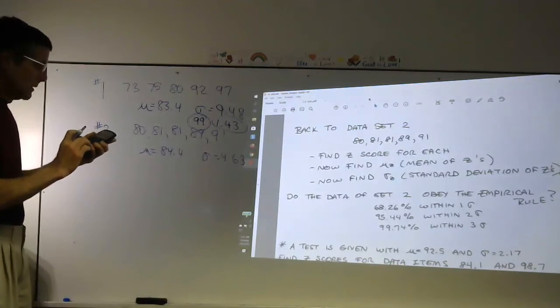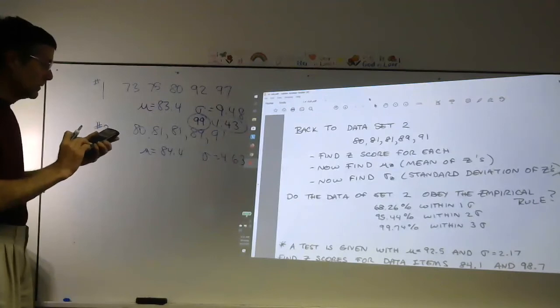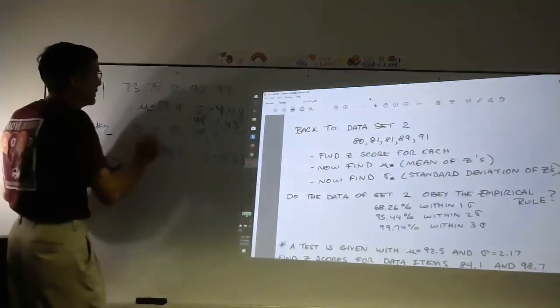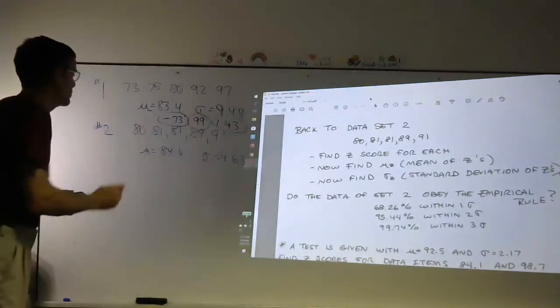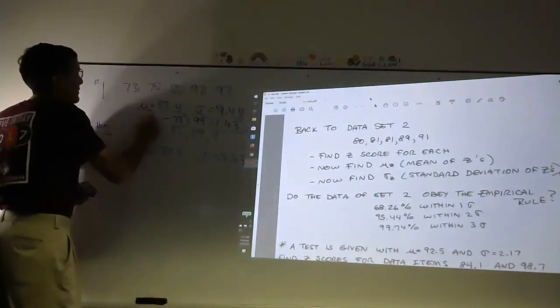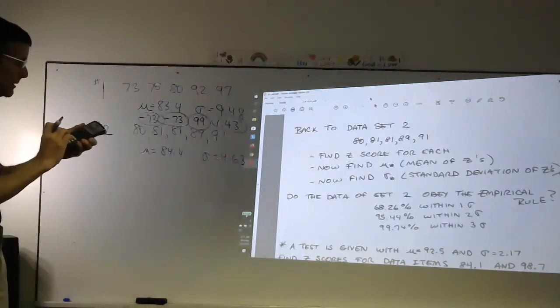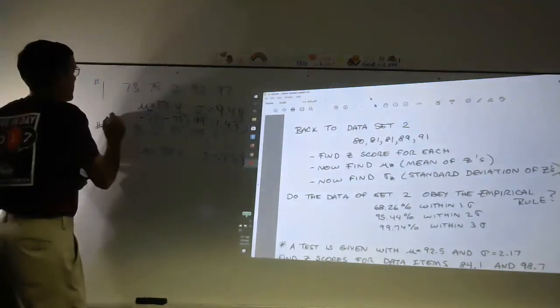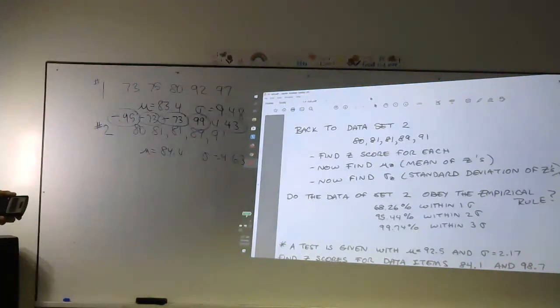And we're going to divide by 4.63. I get a negative 0.73. All right, there's the z-score there. 80 minus 84.4 is negative 4.4 divided by 4.63. I get negative 0.95. There I've changed them all to z-scores.